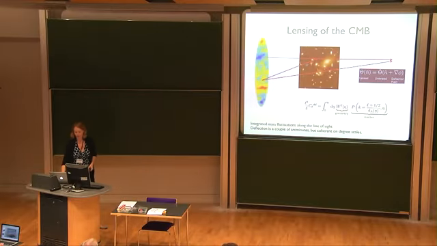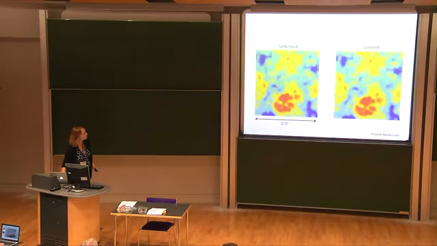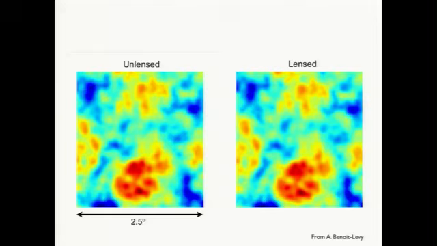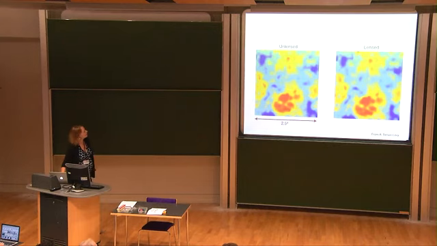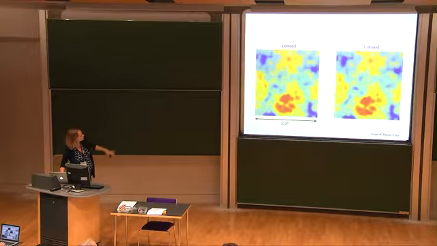So the effect is small. You can't see it very well by eye. Here's a plot from Aurélien Benoit-Lévy showing the lensed and unlensed CMB on a 2.5-degree patch of the sky. And you can't really see very well the difference. But if we then switch this one between being lensed and unlensed, you can see there is a shift.